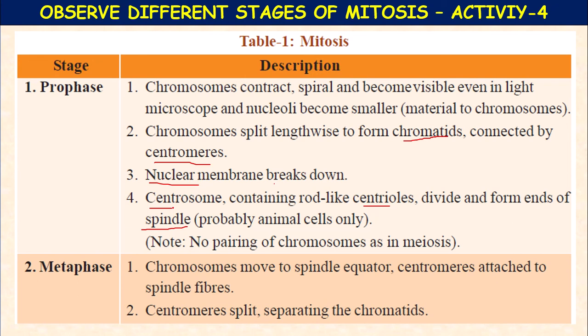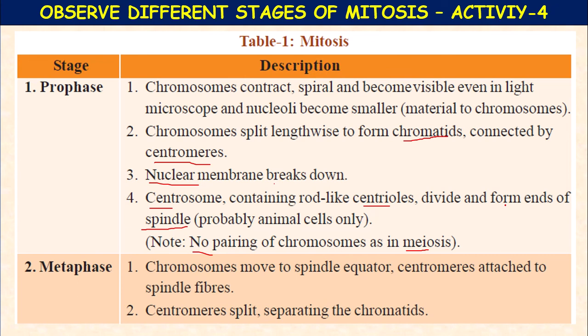In animal cells, the centrosome is present with centrioles, whereas in plants it is absent. There is no pairing of chromosomes in mitosis, unlike meiosis. So here only the formation of chromosomes takes place in the prophase.